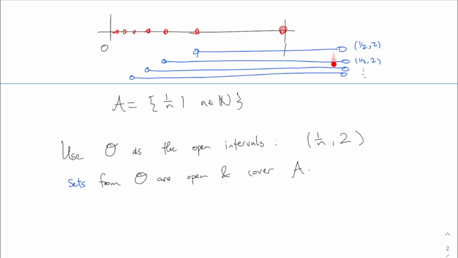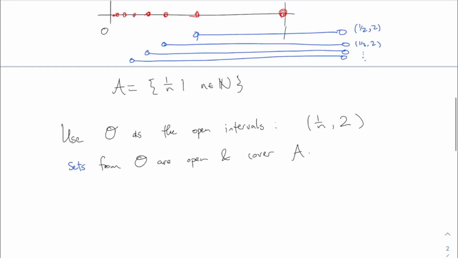Maybe I only need like 4 of them or something? The answer is no. If you take only finitely many, you're always going to be missing some of the points that are close to 0. So these guys here have no finite subcover. So sets from O are open and cover A, but we need infinitely many to cover A, right?